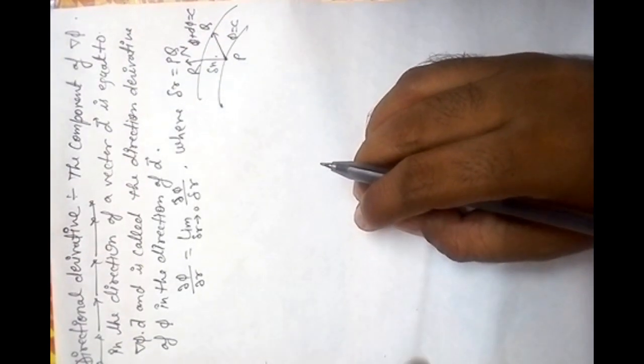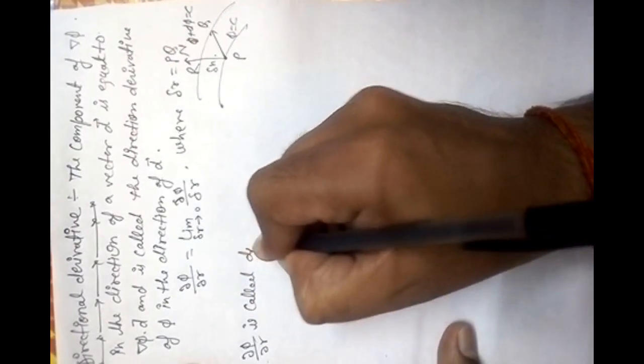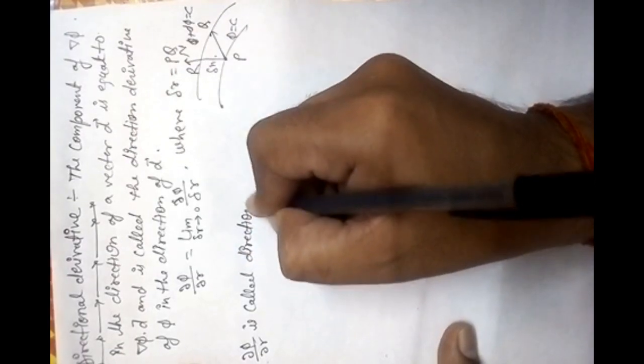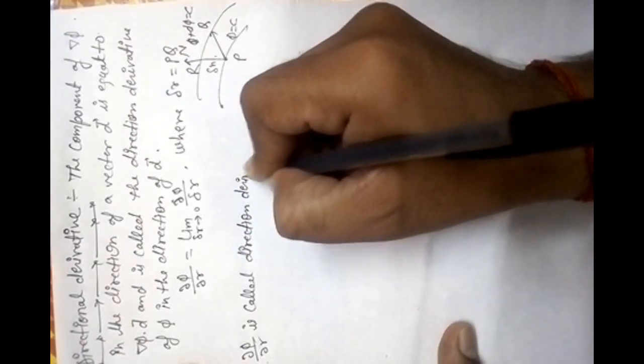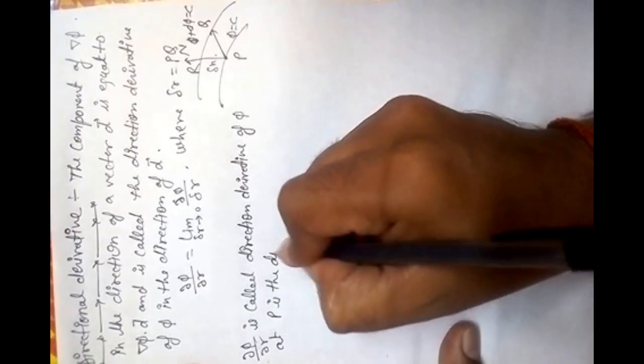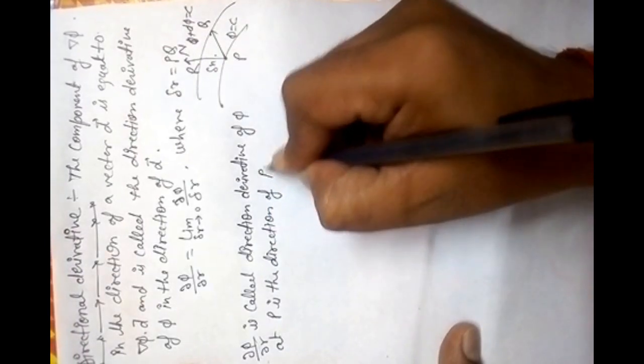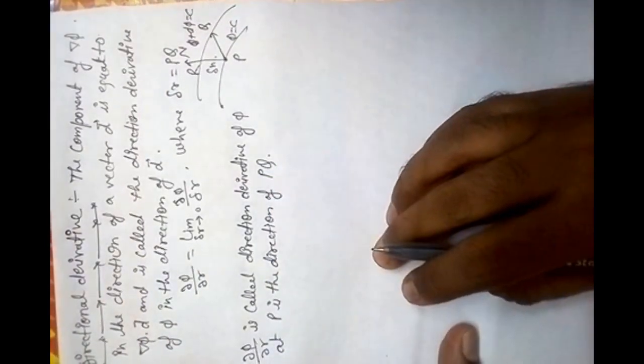Okay, so d phi upon dr is called directional derivative of phi at P in the direction of PQ.